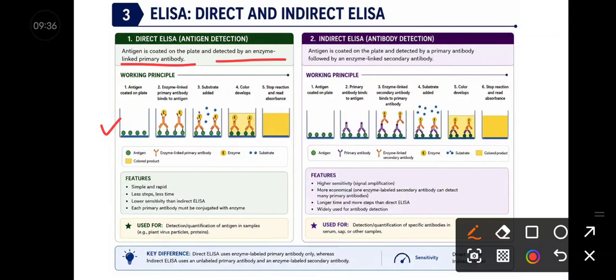Then the enzyme linked primary antibody will be poured over the plate to interact with the coated antigen, then allow it some time to bind, and then again wash it to remove the excess unbound primary antibodies. Then the substrate will be added. So if color is developed, that particular antigen is present. And if color is not developed, no antigen is there.